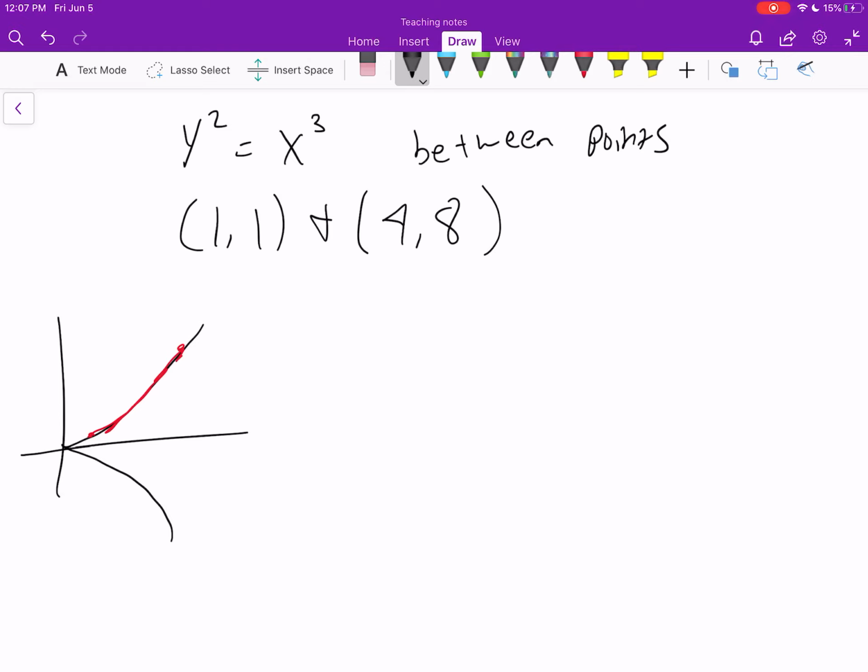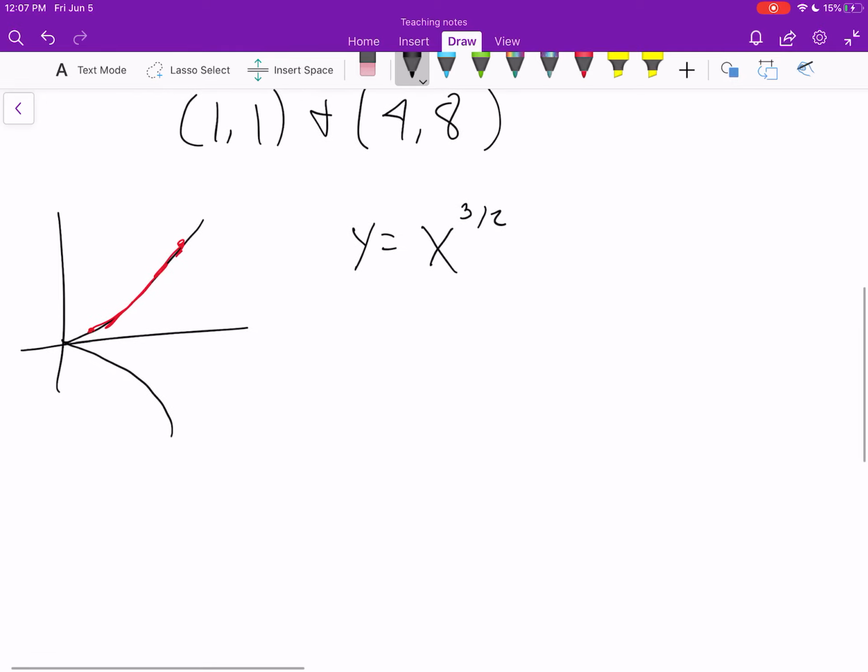So I can write y is equal to x to the 3 halves, solving this equation for y, because I need to be able to take the derivative of y. Because I'm only interested in the graph between these two points, I'm not going to worry about the minus sign that comes from taking the square root.